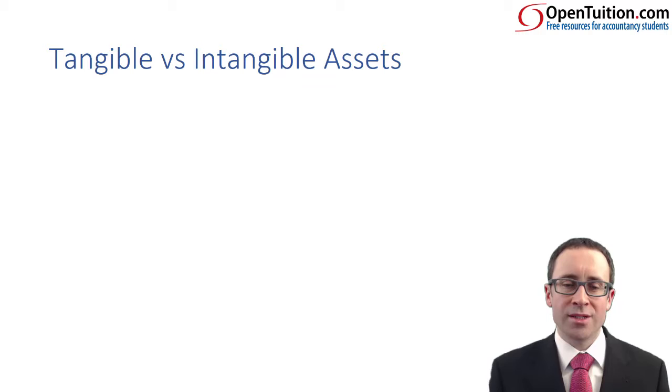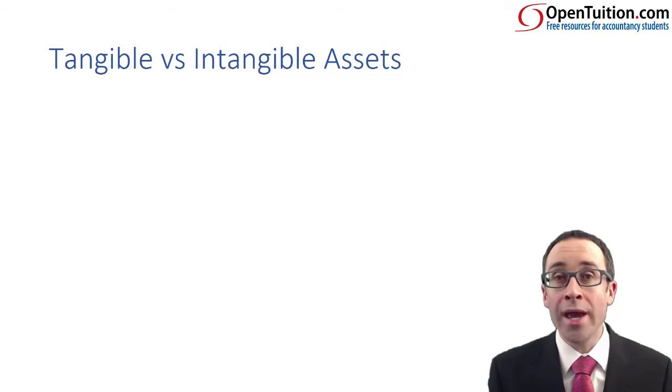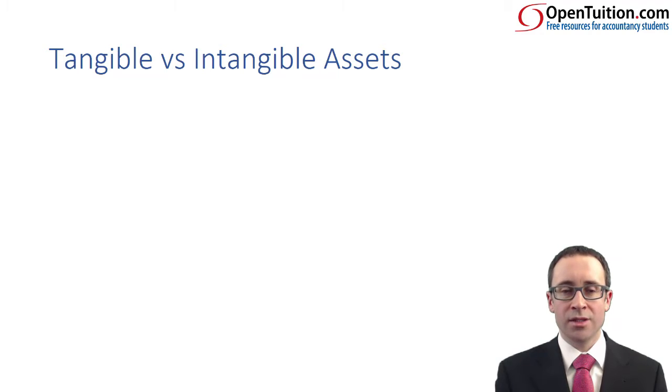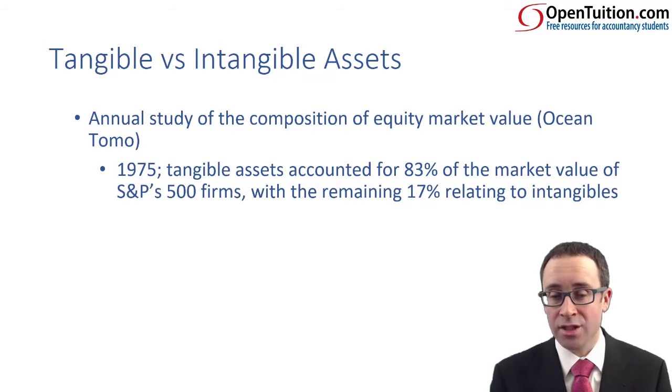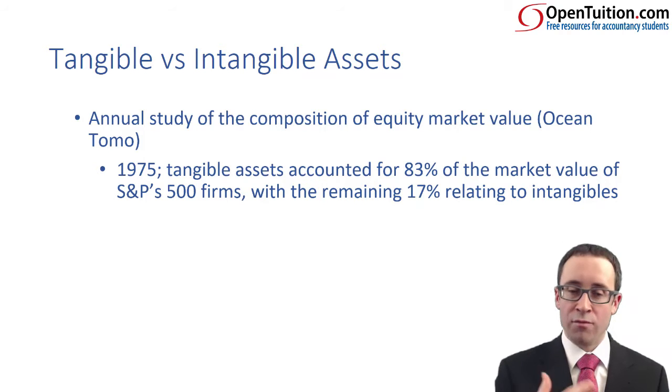Some of the reasons why we need to move our attention away from just the numbers come from intangible and tangible assets. There's a business, Ocean Tomo, that has done a regular survey of the value of businesses.